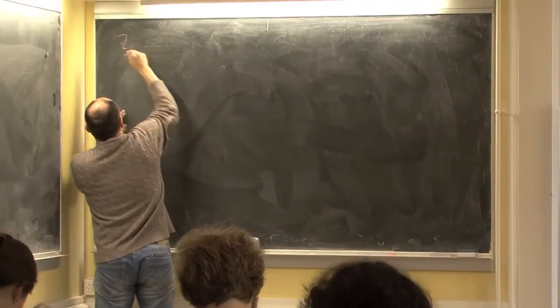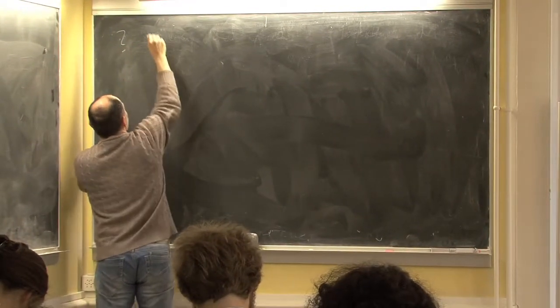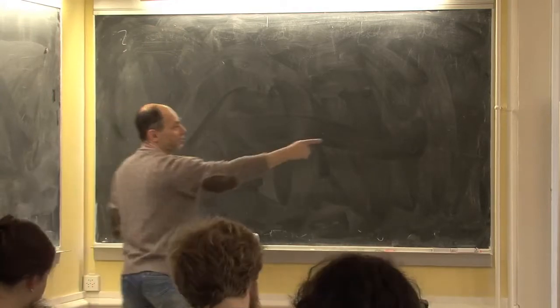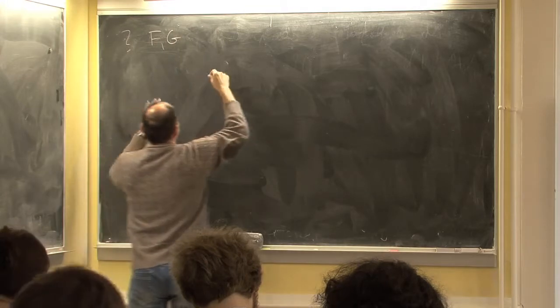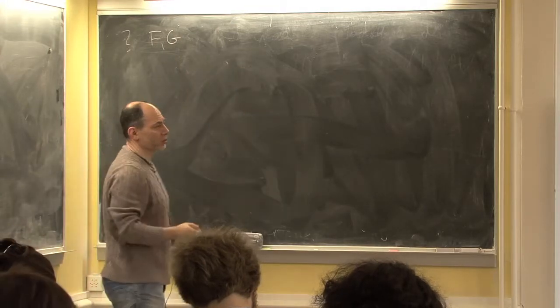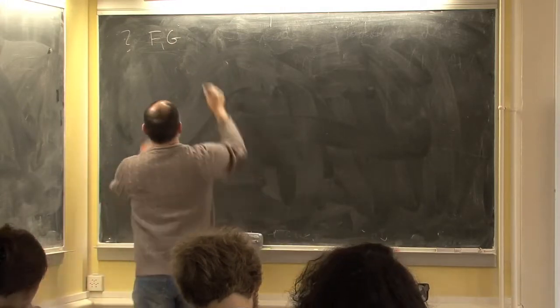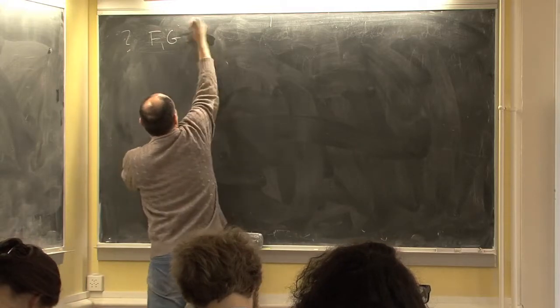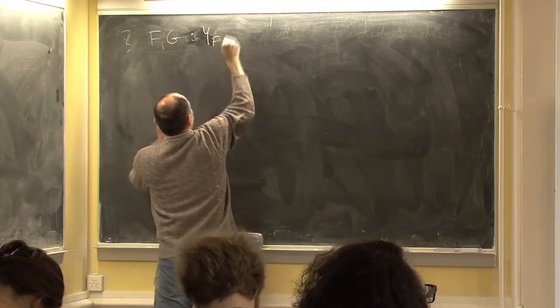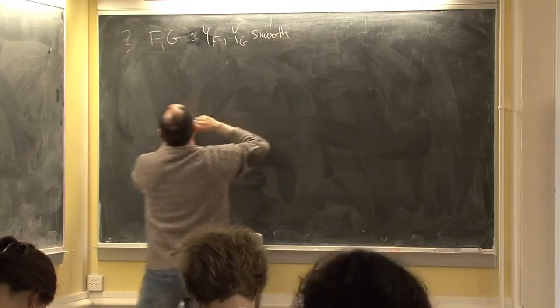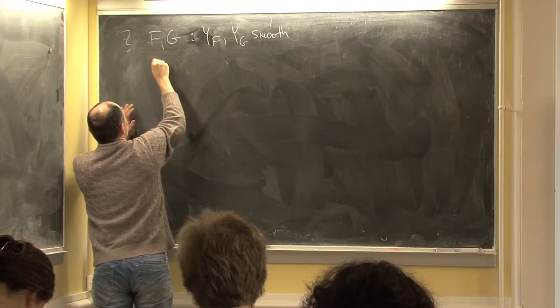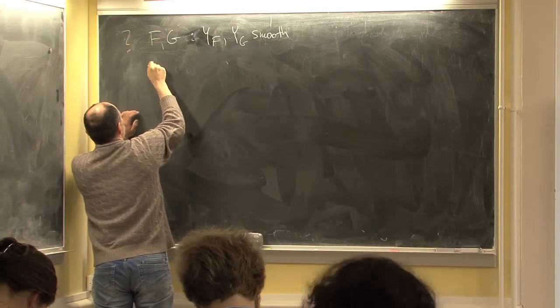So the question more precisely is that I look at a pencil of elements. I look at an F and a G, and I'll assume that they are both smooth, for example, such that Y_F and Y_G are smooth.